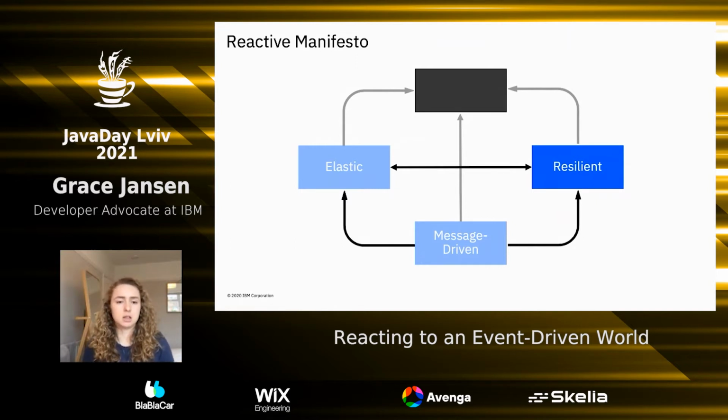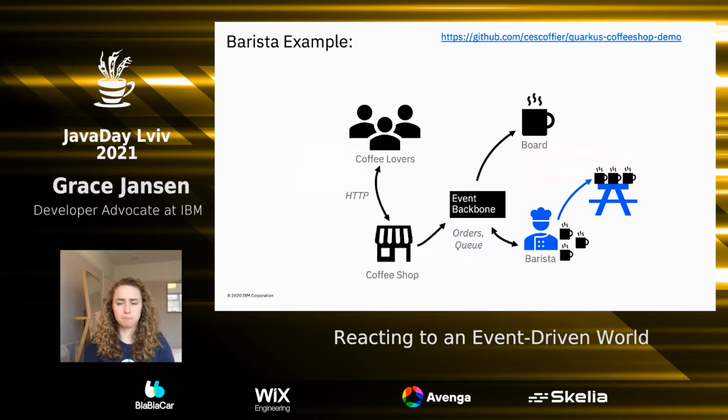So in the case of the previous example with the barista, we could perhaps put in place something like back pressure. Back pressure would enable the barista to feed back to the event backbone to perhaps say, could you rate limit the number of requests coming to me right now because I'm stuck waiting for this downstream component to come back online again, to potentially prevent that from becoming a point of contention.